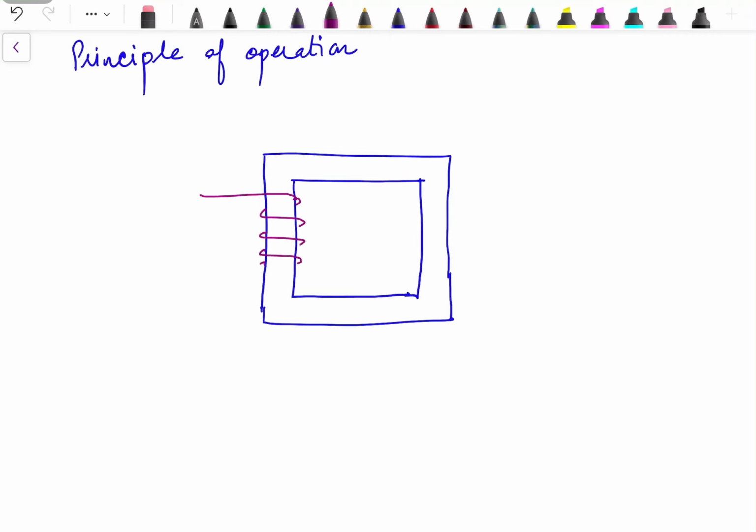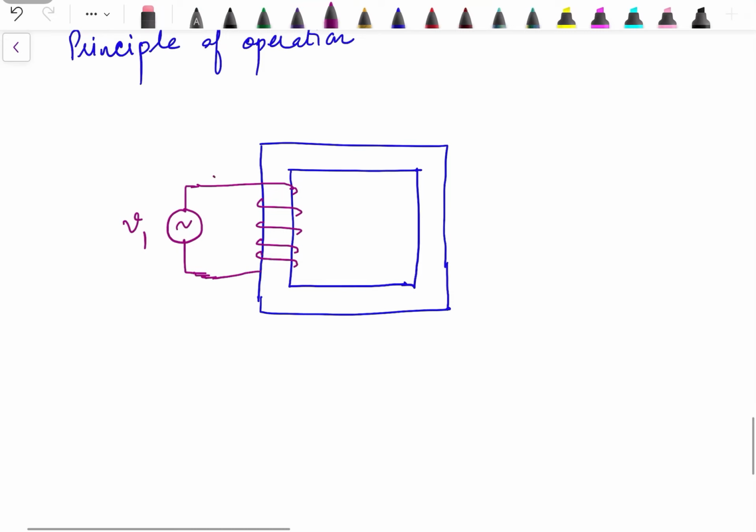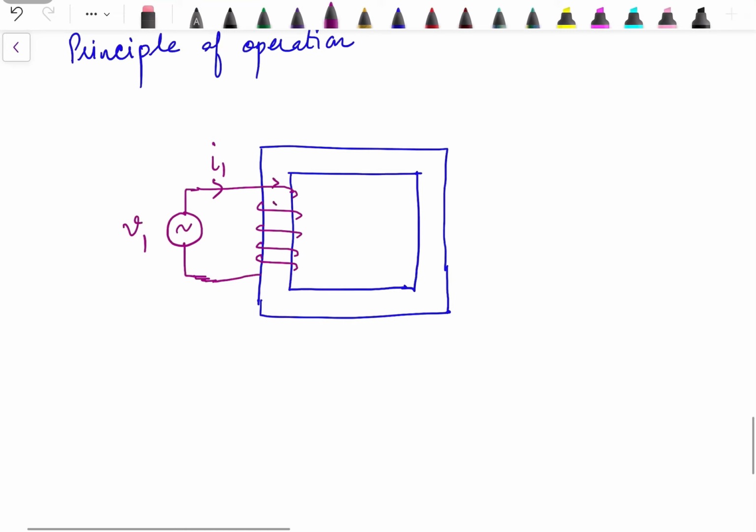Though they are on both sides, in order to have easy understanding, we will show the primary winding on one limb and the secondary winding on another limb. An AC source is applied over here. So when we give the supply, let's say voltage V1 for primary, there is flow of current I1 in this circuit. So I1 is flowing in this winding.